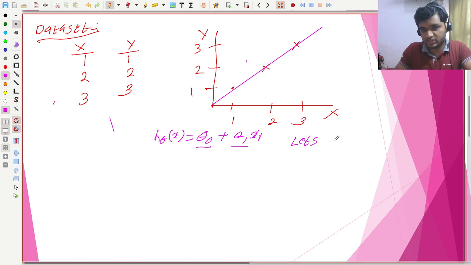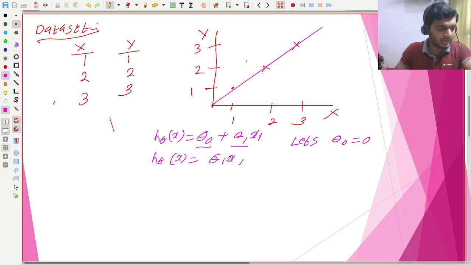Let's assume theta 0 equal to 0. So h theta of x equal to theta 1 x1. Here we will notice, if x equal to 1, then h theta of x equal to 1.